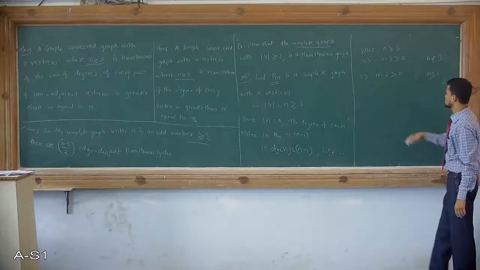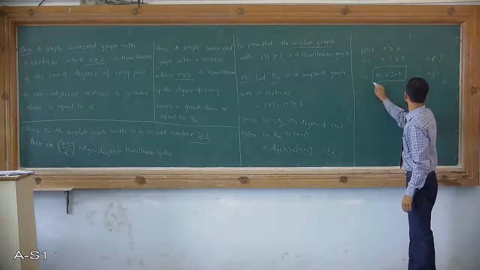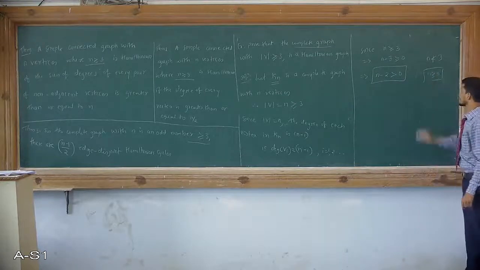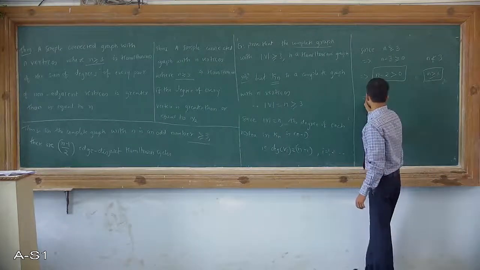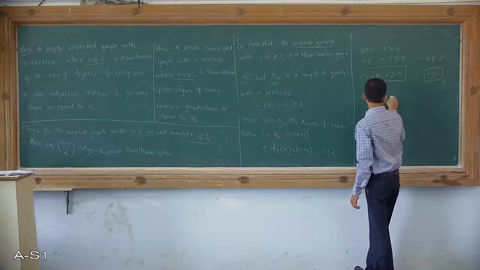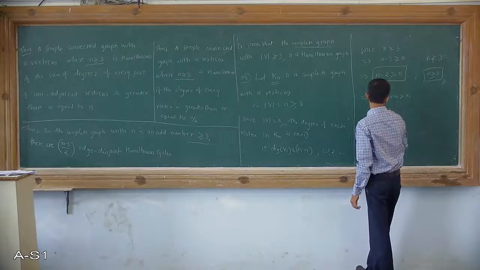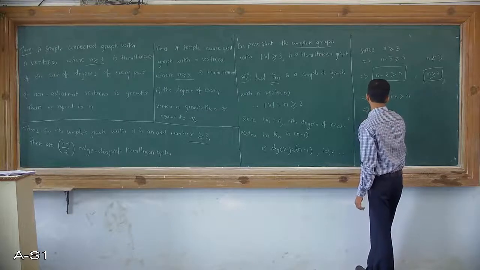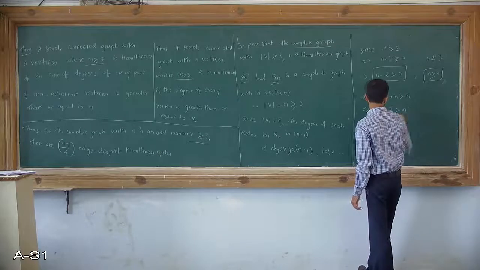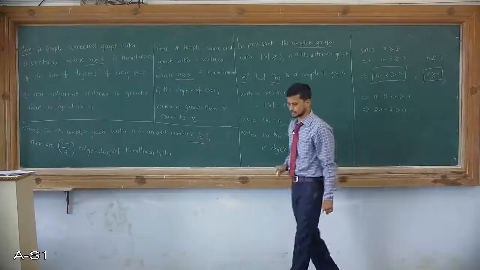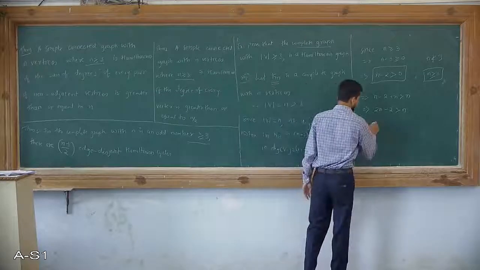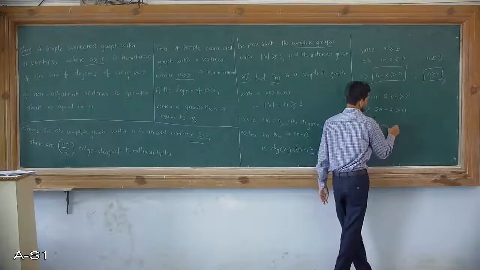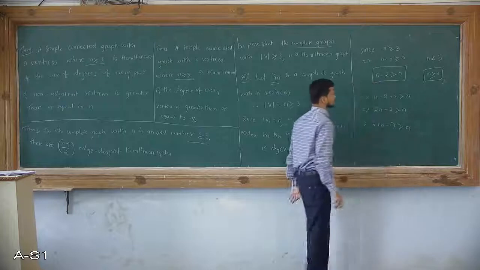So I will add n on both sides, which implies 2n minus 2 is greater than n, which implies 2 into (n minus 1) is greater than n.